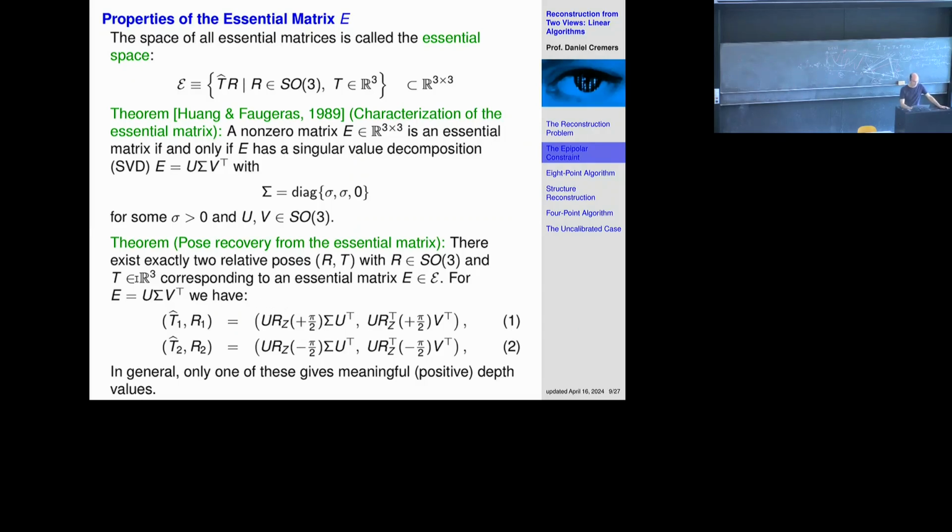Once you have this essential matrix, you get this. Now, what I'm showing here are two solutions for translation and rotation, and this is typical. Once you have an essential matrix, there are two equivalent solutions that give rise to the same essential matrix.